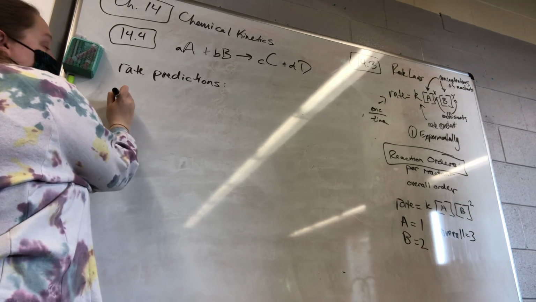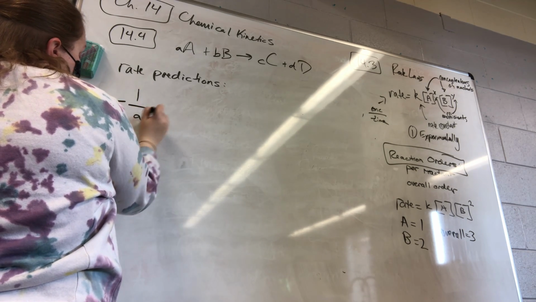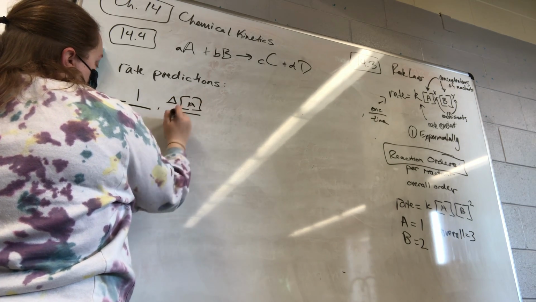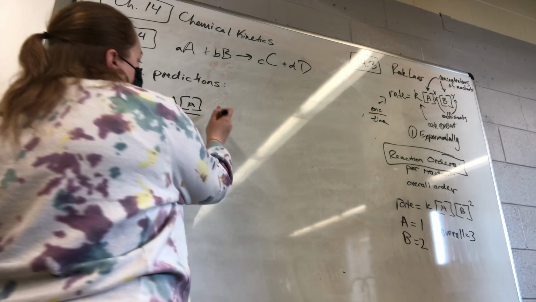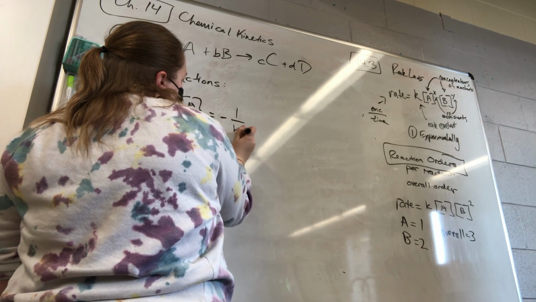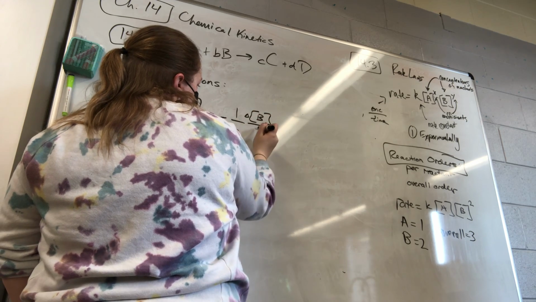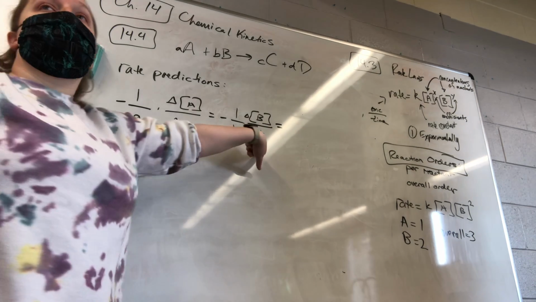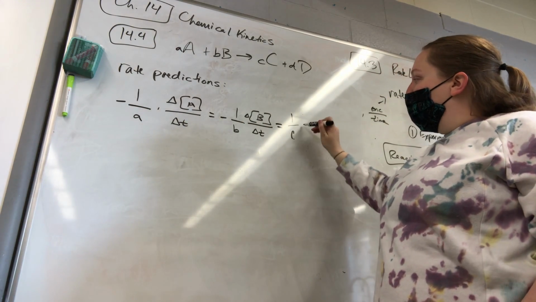As something disappears, it gets a negative rate. If we can predict the rate at which something disappears, we can predict the rate at which they will appear. So these are my rates of disappearance that I can predict. The rate at which they appear then becomes a positive.